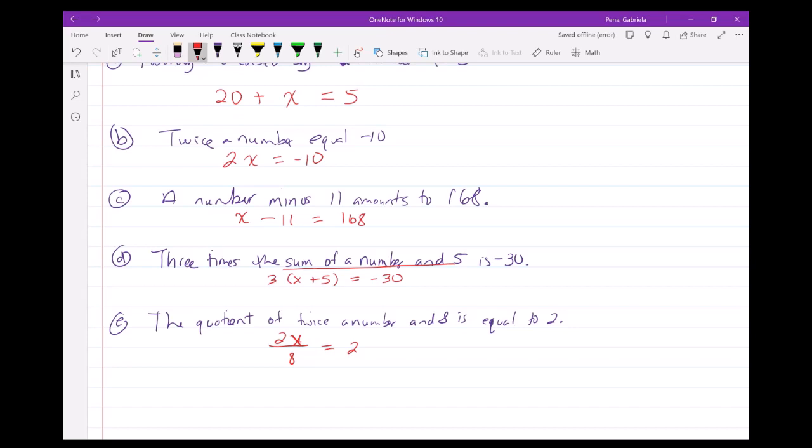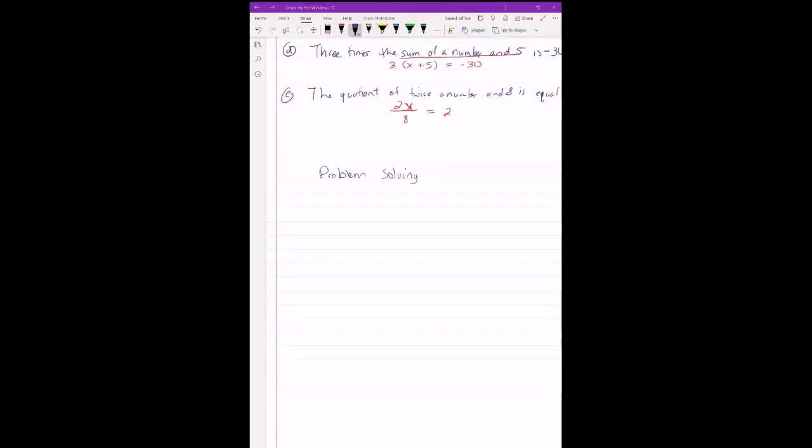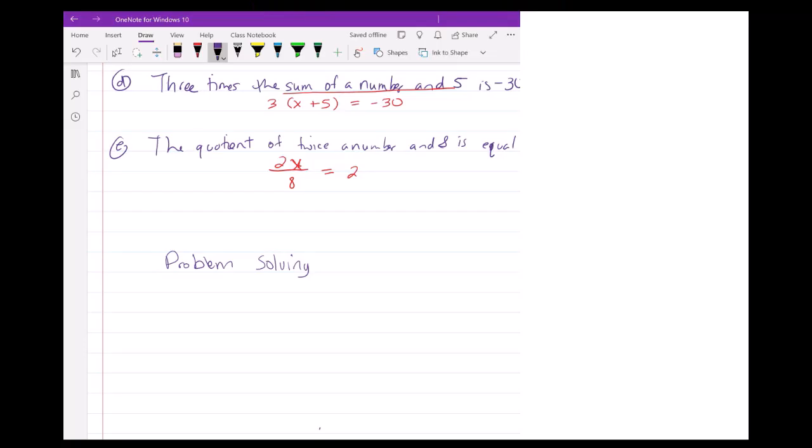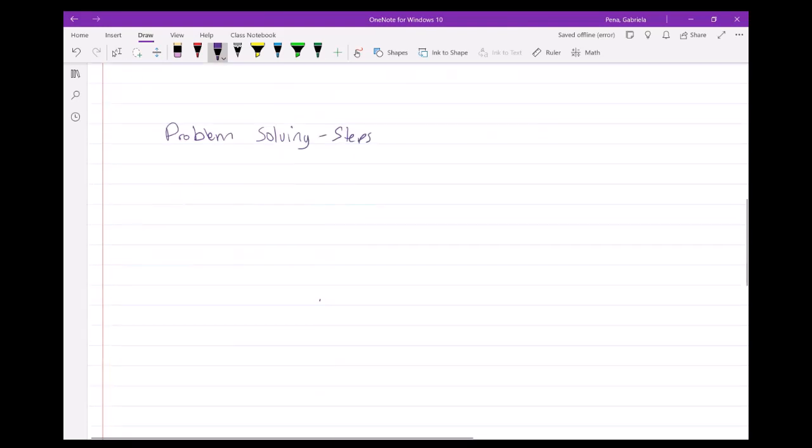The first thing that you need to do, so let's look at problem solving. And sorry for that rotation again. Problem solving steps. So let me move this up.